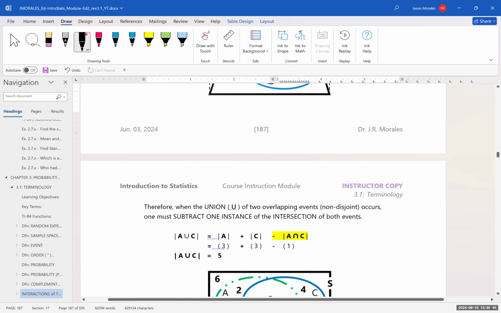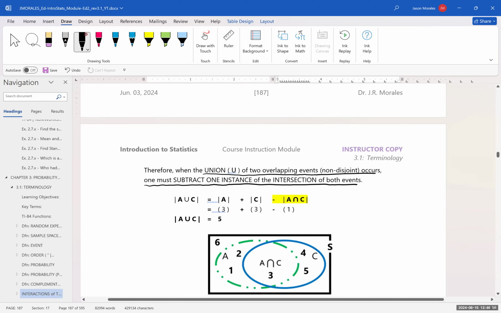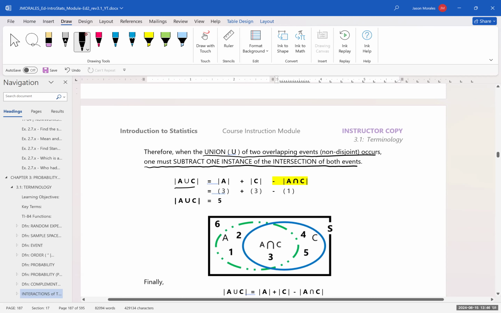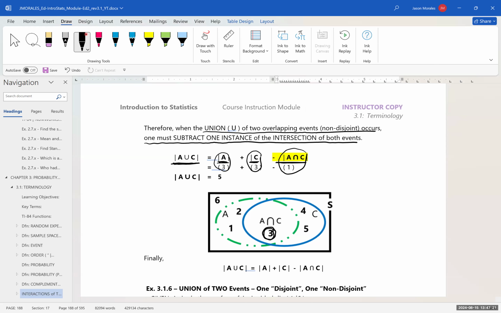Therefore, when the union of two overlapping events occurs, one must subtract one instance of the intersection of both events. So when you're determining the order of a union of two events, you're going to take the order of one event plus the order of the second event and subtract the intersection. You can see here the order of A is 3, the order of C is 3, and the order of the intersection is 1 because there's only one element here.